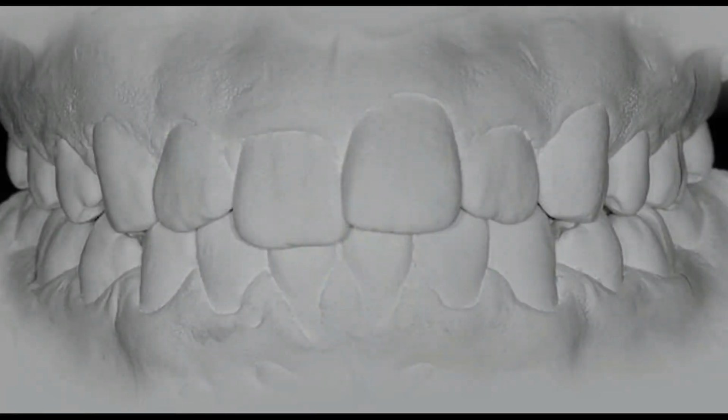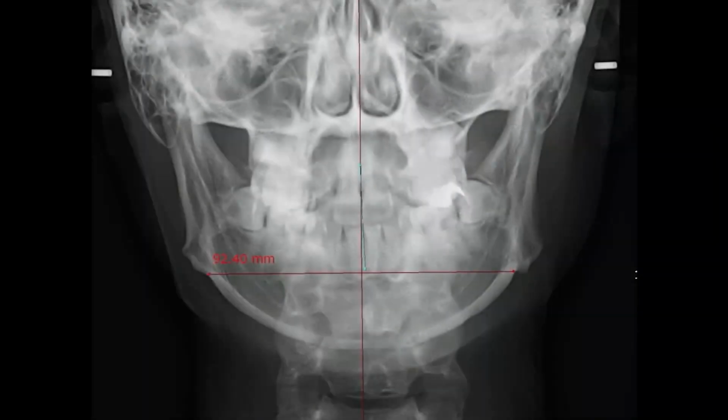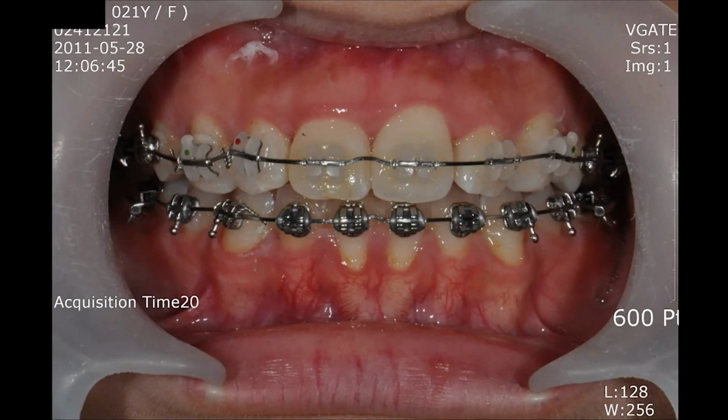This young lady does not show any midline issue to begin with. In her PA head plate, despite the alignment of upper and lower dental midlines, the lower apical base is shifted to the left side. In other words, the lower incisors are leaning towards the right side. The lower dental midline is shifted to the left side and became misaligned after initial leveling.